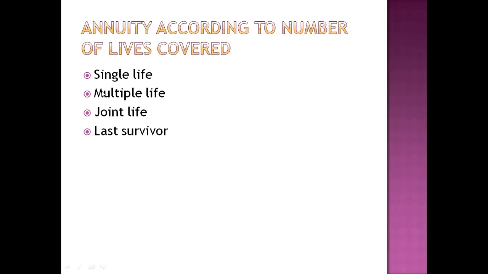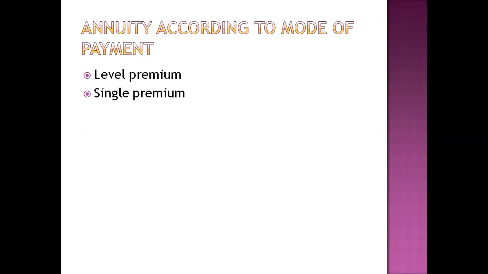Multiple life means under this policy more than one life is contracted with the insurance company. This is again of two types: joint life policy, where the annuity payment stops at the death of the first person, and last survivor, where the annuity payment continues up to the death of the last person.